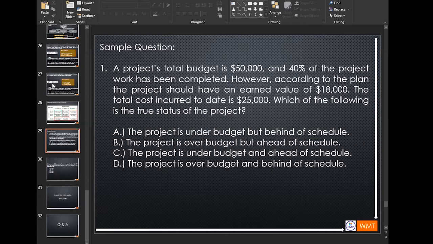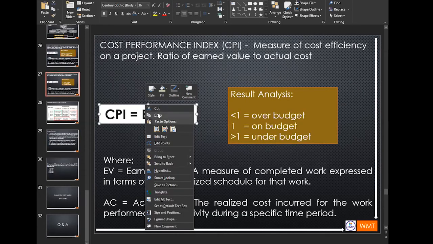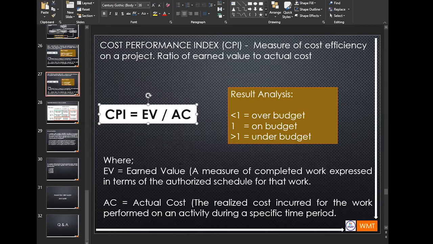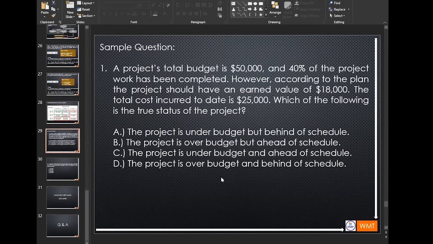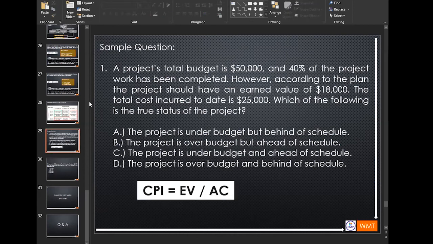Ano ba yung earned value dapat? Earned value is a measure of completed work expressed in terms of authorized schedule for that work. So, sir, 18... bakit meron siyang ano? Wait.